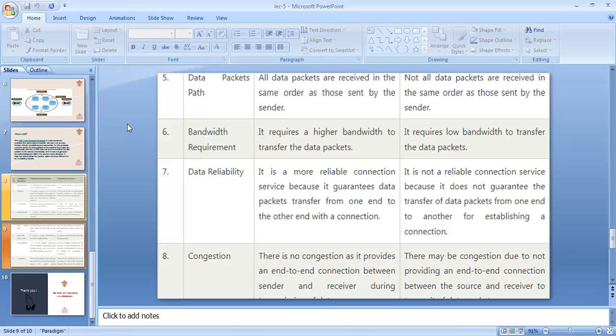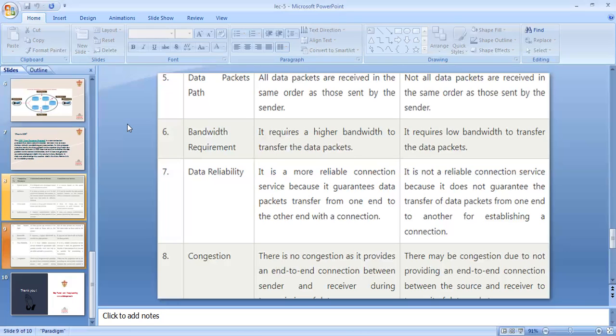And the seventh one, data reliability. Connection-oriented service is more reliable because it guarantees data packet transfer from one end to the other with a connection. Connectionless service is not reliable because it does not guarantee the transfer of data packets from one end to the other, since no connection is established. And now the eighth one is congestion.